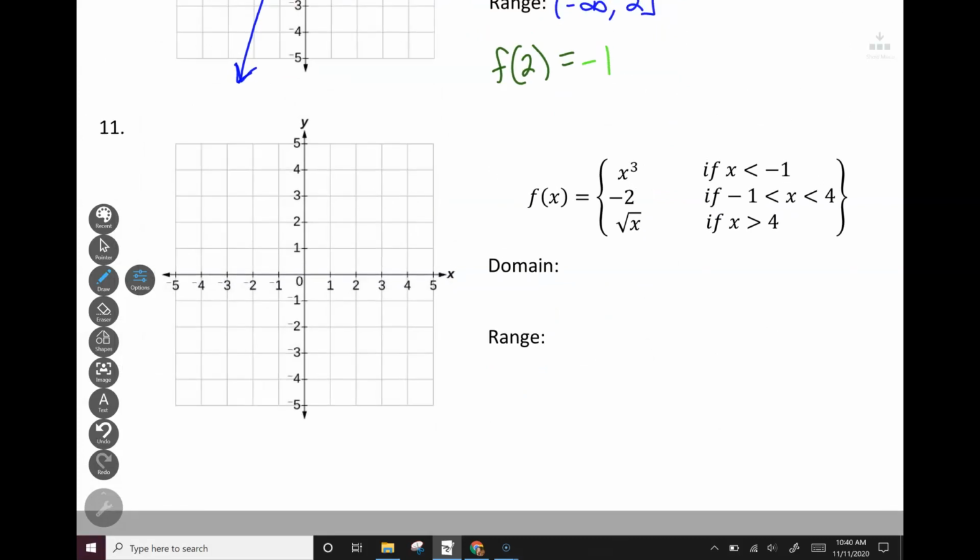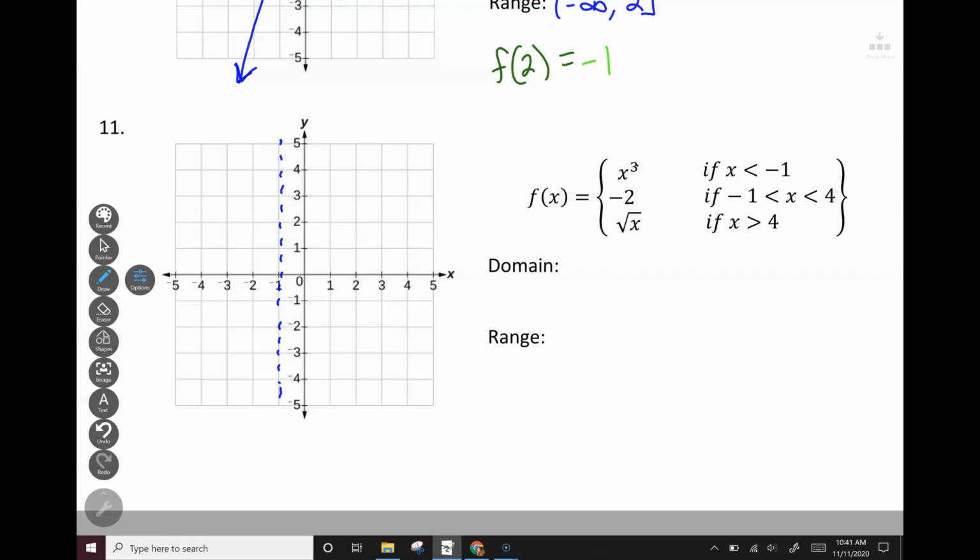All right, let's look at this one. So first, for x is less than -1, we're going to plot x cubed. So less than -1, so maybe if it helps you, you can draw a little vertical dash line there and only graph to the left of that.